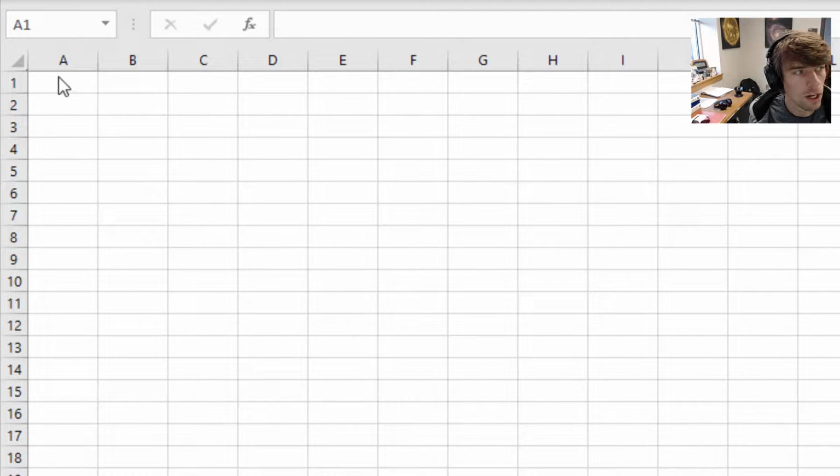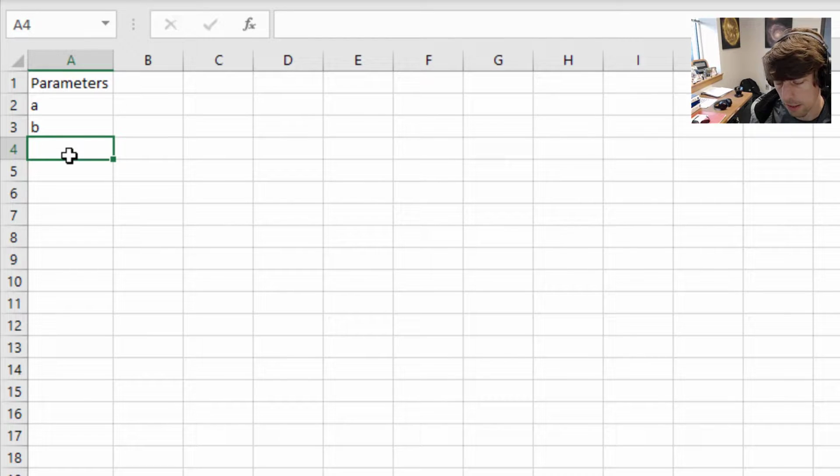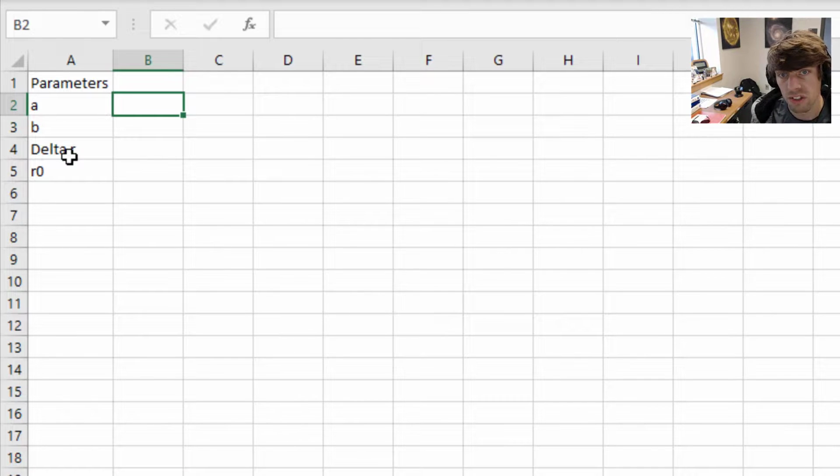So what we're going to do over here is set some parameters. Things like A and B are always a good idea. And I'll also set a delta R step. So I'll put delta R here. And I better give an R naught. I can't use 0, because as you see from the potential energy function we were dealing with, if I have R at 0, then the whole thing blows up and it doesn't work anymore.